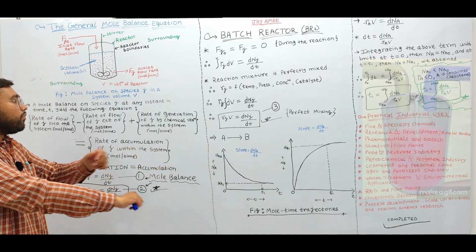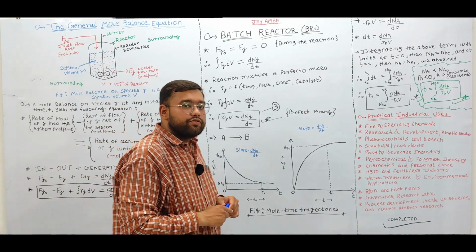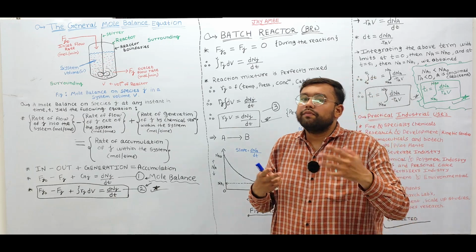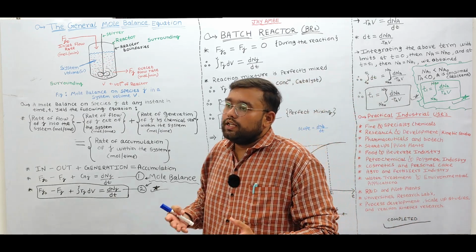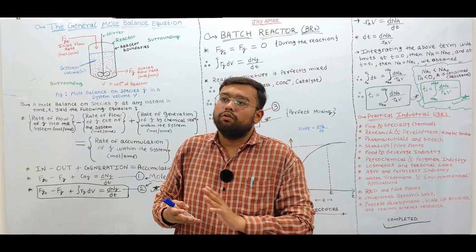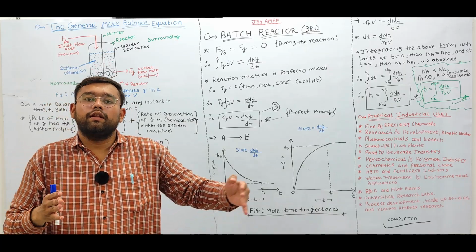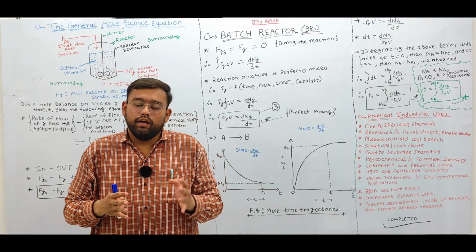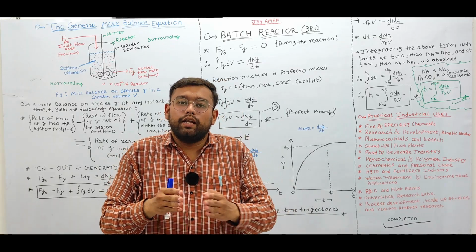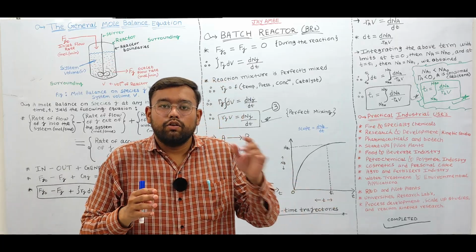So we understand what the batch reactors are, and how they differ from the other industrial reactors. In other industrial reactors like the continuous stirred tank reactor, plug flow reactor or packed bed reactor, the reactants are continuously fed through the inlet stream to the reactor.